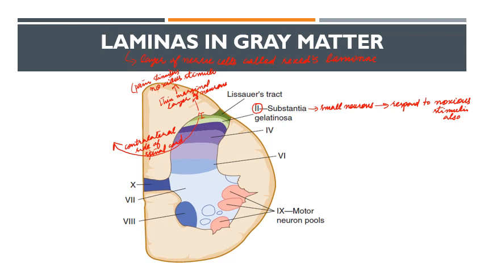The substantia gelatinosa contains abundant quantity of neurotransmitter called substance P, and it mediates pain signals through spinothalamic pathways.